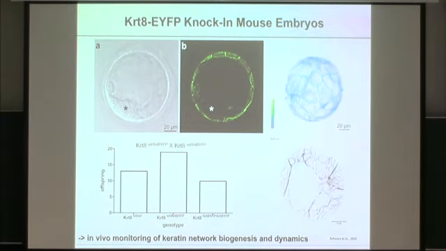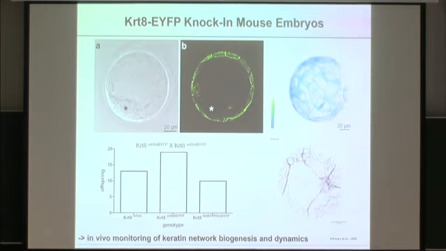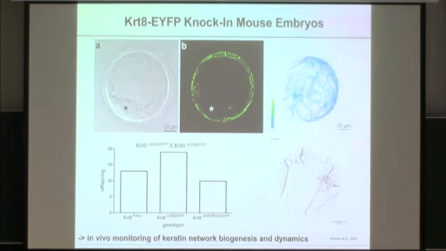I see I'm running out of time, but I would like to end with a few images of in vivo observations of keratin dynamics in arguably a living mammalian organism, and this is the mouse embryo. And the mouse embryo, here's the blastocyst stage, consists of a trophectoderm, this outer layer, and here's the embryoblast.